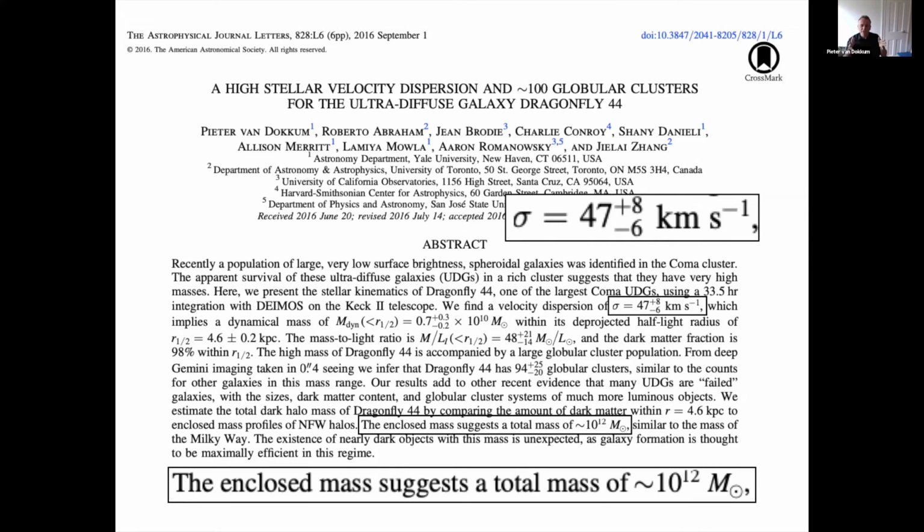Within the half-light radius, you can extrapolate that using an NFW profile. And what we said in the end was that the total mass of this galaxy was about 10 to the 12 solar masses. Very, very massive, as massive as the Milky Way, right? And so we made this claim in 2016 that these ultra-diffuse galaxies, or at least this one, had the dark matter masses of the Milky Way, and that got a lot of attention.